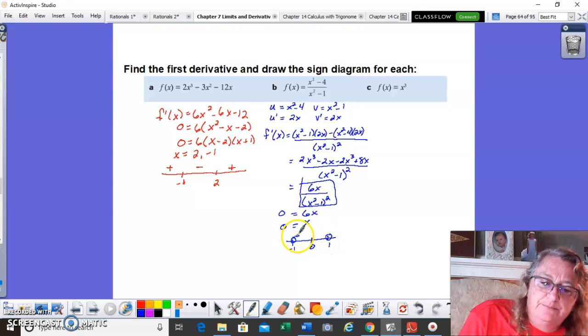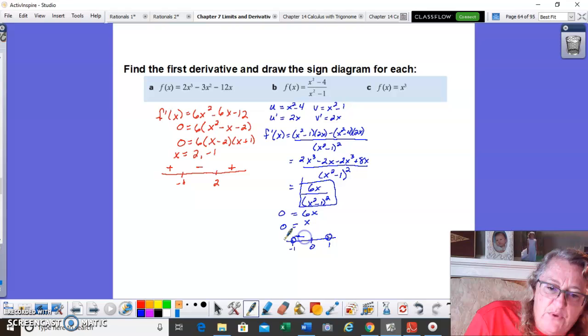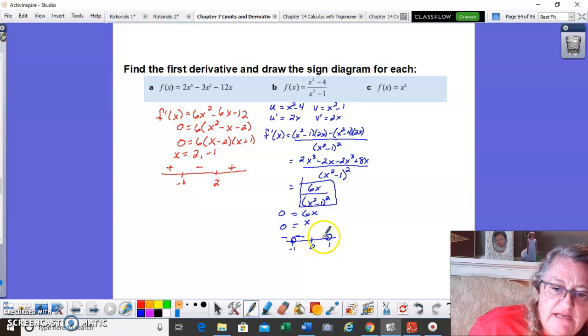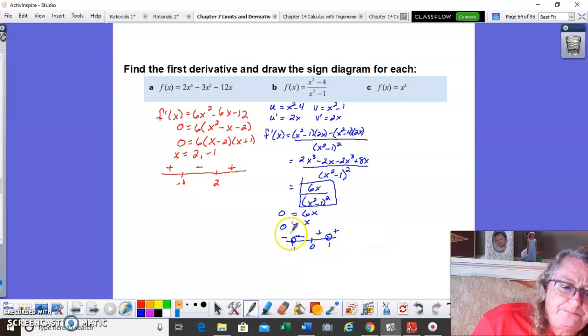So both of these will be negative because it doesn't matter what negative number I put in, it'll be negative there. And if I put in a positive number, let's say positive 2, I get a positive in the numerator and a positive in the denominator, so these will both be positive. So there's my sign diagram for that one.